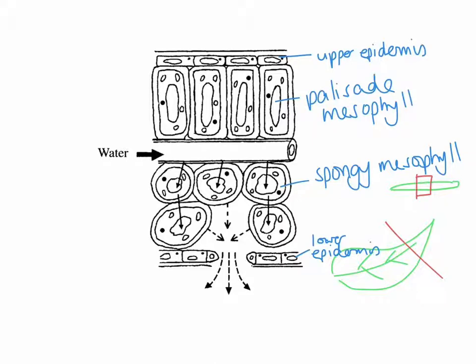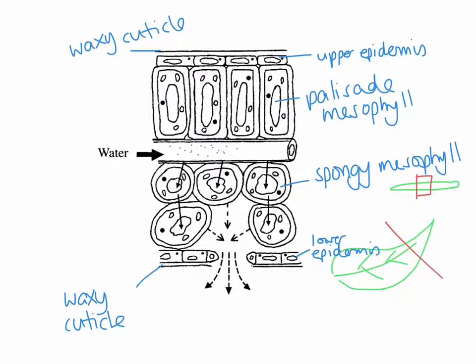Now, a few other labels we could put on. That's the waxy cuticle. And there's also a waxy cuticle on the lower surface as well. So, water gets in to the plant through the root hair cells, comes up through these vessels, and eventually it makes its way out through these vessels into the leaf.